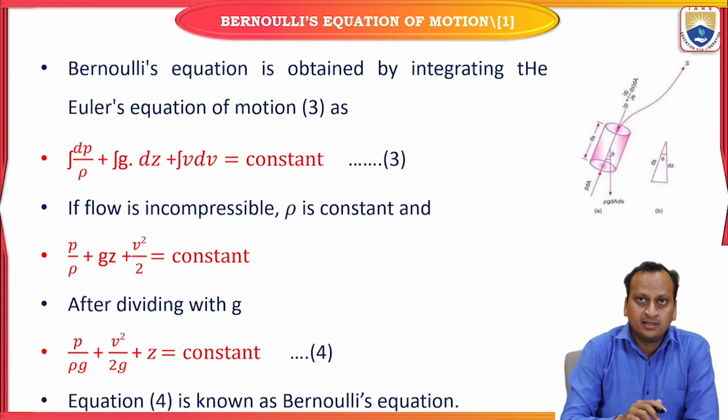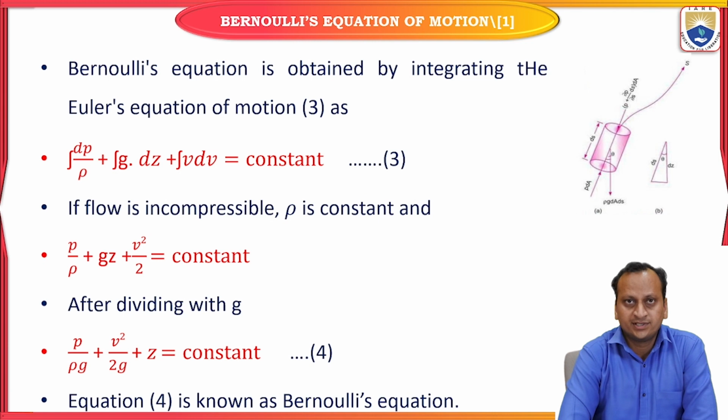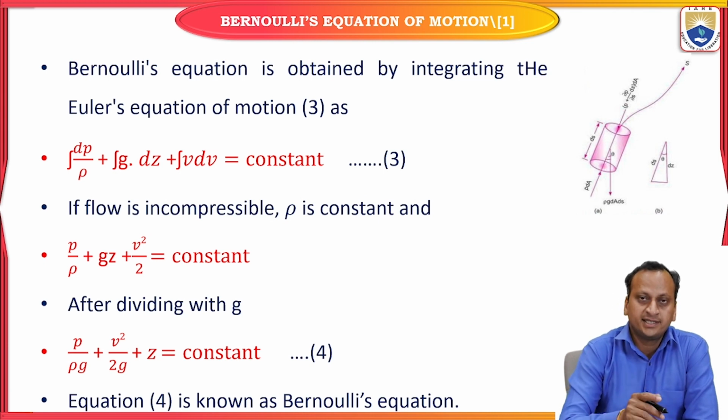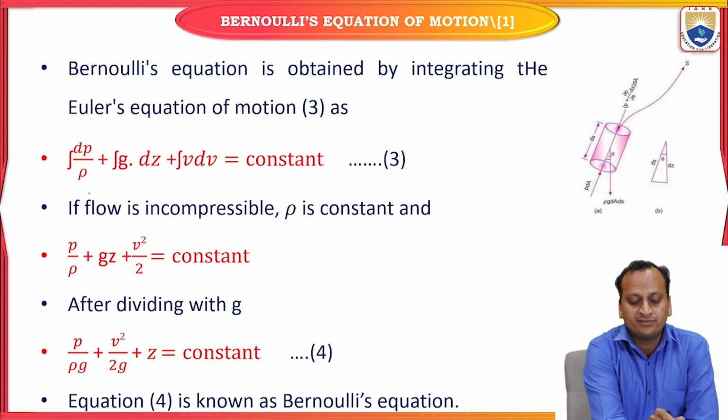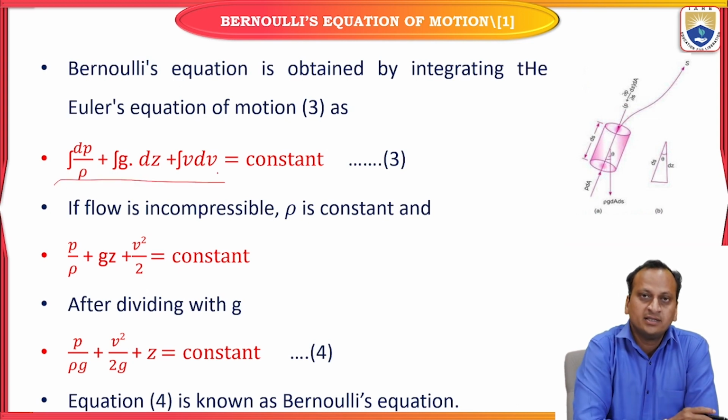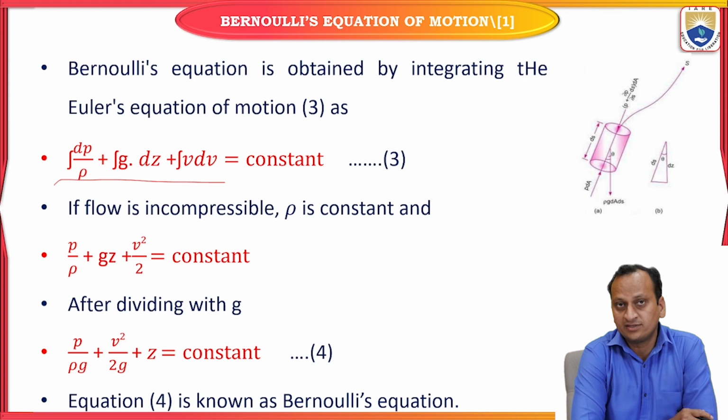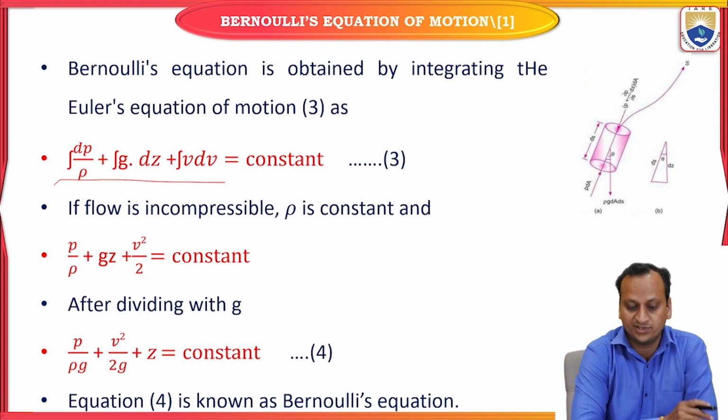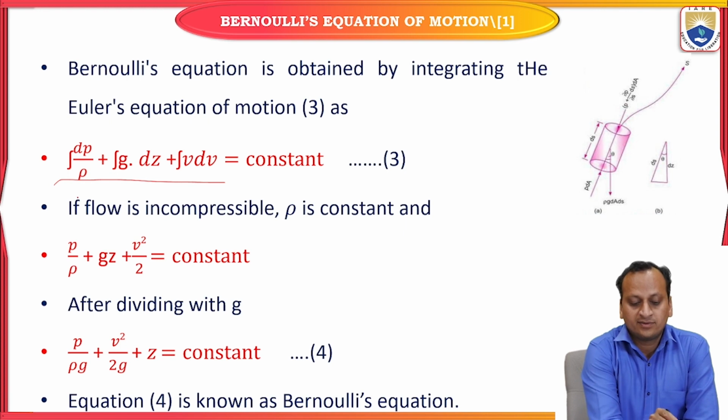Now Bernoulli's equation is derived from the earlier derived Euler's equation. If you integrate the components of the Euler's equation, you will get Bernoulli's equation. Here we have dp by rho plus g dz plus v dv.